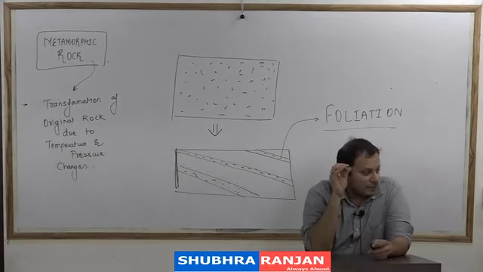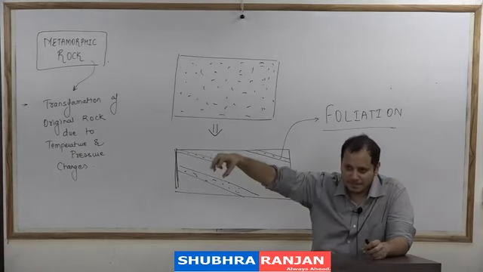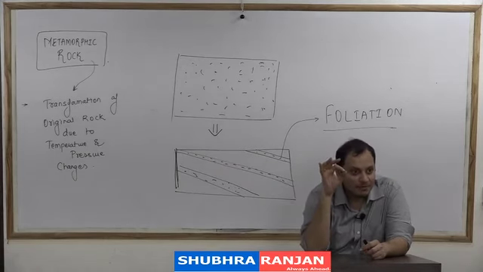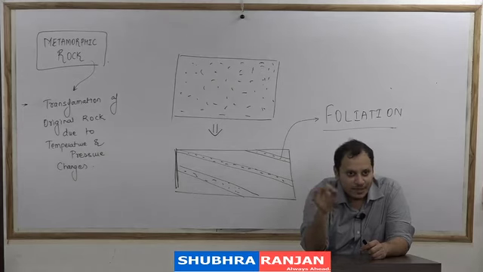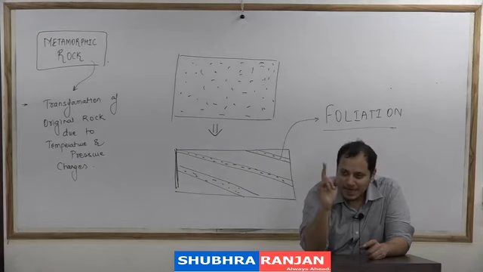Example, if you have access to marble, घर पे जाके marble flooring देखना and it will be having a black color का band. So that is an example of foliation, because जो weak rock है limestone या चूना, after metamorphism it becomes a very very strong rock, that is marble.